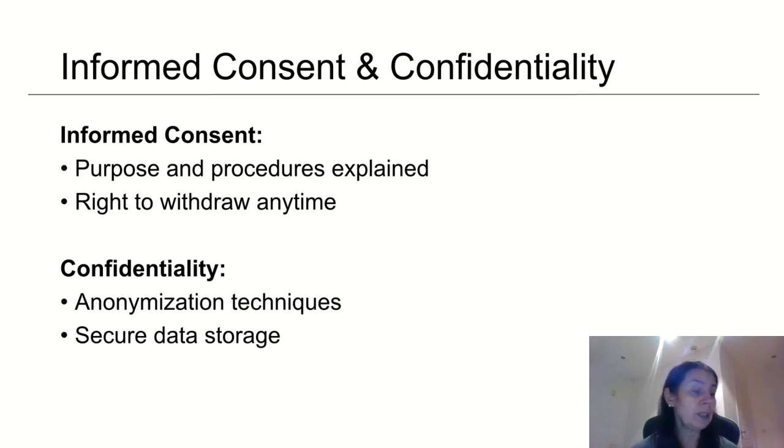So it is very important that the researchers are aware of the anonymization techniques, and that these techniques are used. Also, the researchers have to be very aware of the risks of storing and keeping sensitive data. So they need to know how to securely store the data. This we will discuss in the second part of this lecture.